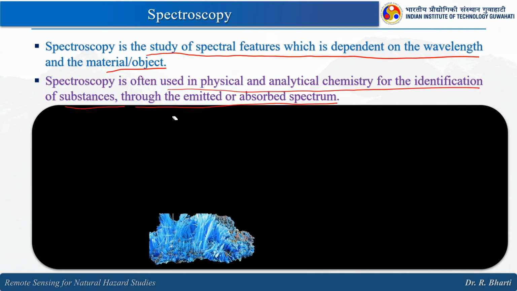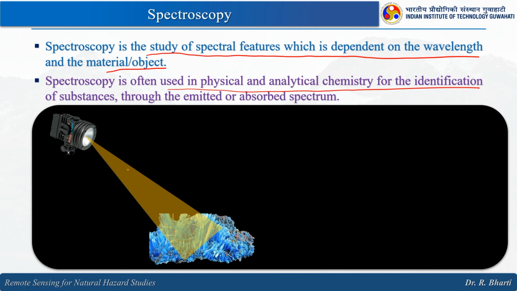So, let us take this example. This is the target, which is getting illuminated by our own source of light. Then what will happen? Some amount of energy will be absorbed, some will be reflected, some will be transmitted. Then we can have different instrument setups. We can put one instrument here to measure the transmitted energy.